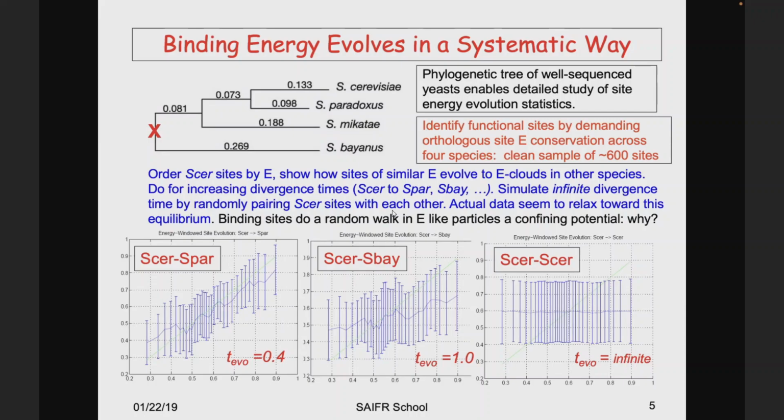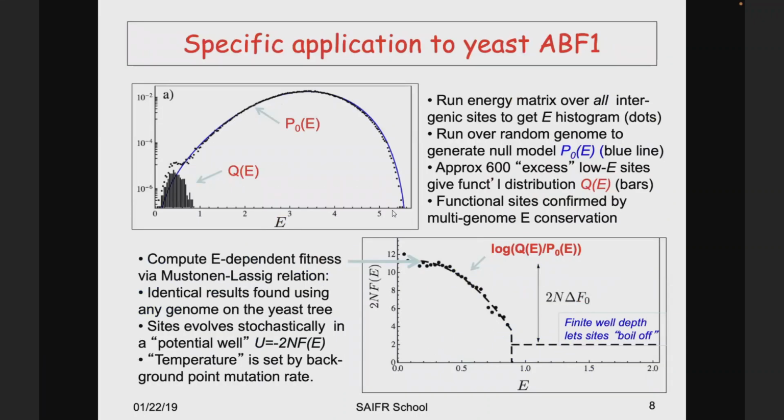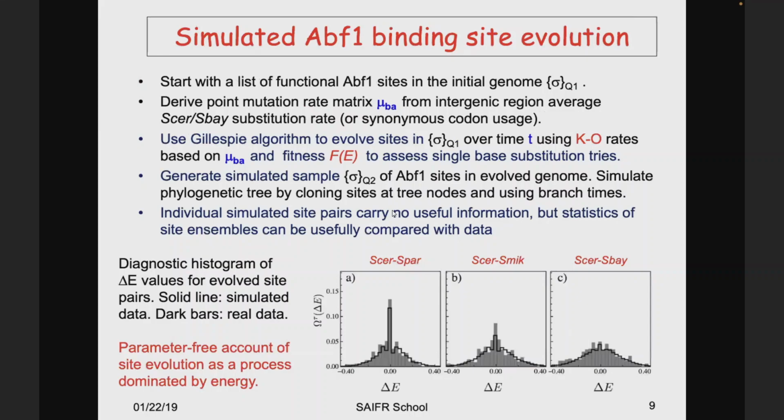That is to say, we could try to work through what evolution would look like, and rather than saying something specific about this binding site evolving into that binding site, I could make a statistical prediction for a binding site of this energy: into what range of energies would it evolve over this or that period of time. So that's the punchline. So we decided to simulate ABF1 binding site evolution.